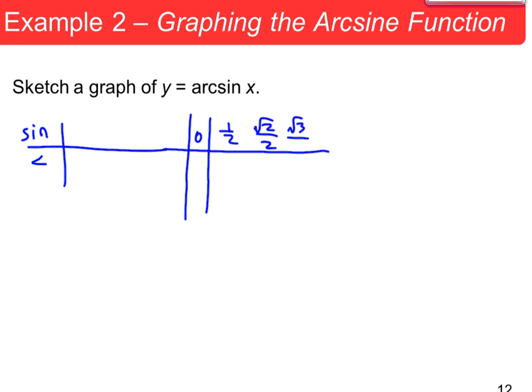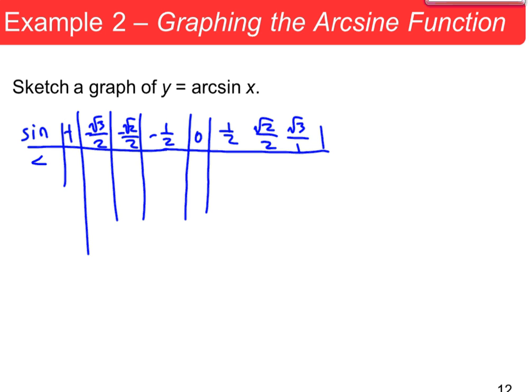So then backwards, this is -1/2, negative square root of 2 over 2, negative square root of 3 over 2, and -1. So I can get all of those values as I go. And then I'll think about what those are. This is 0.